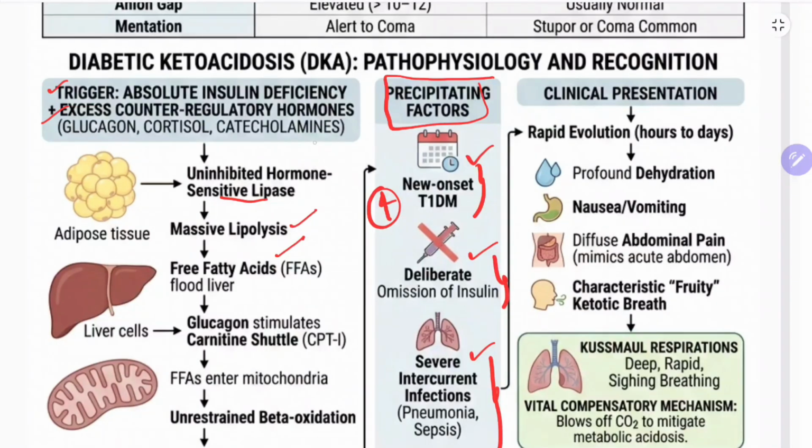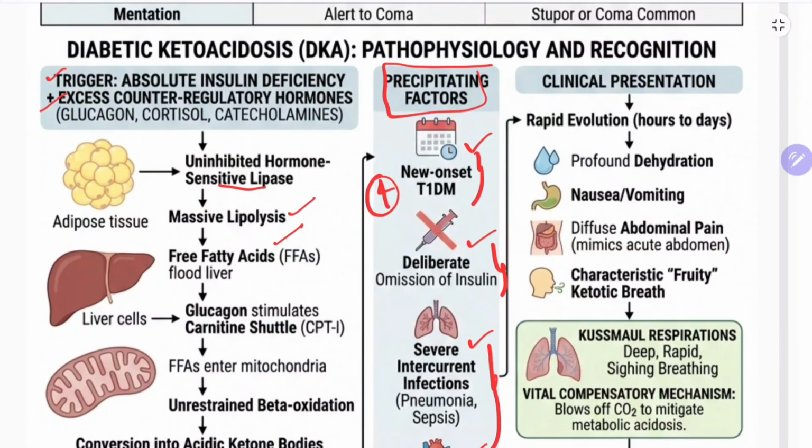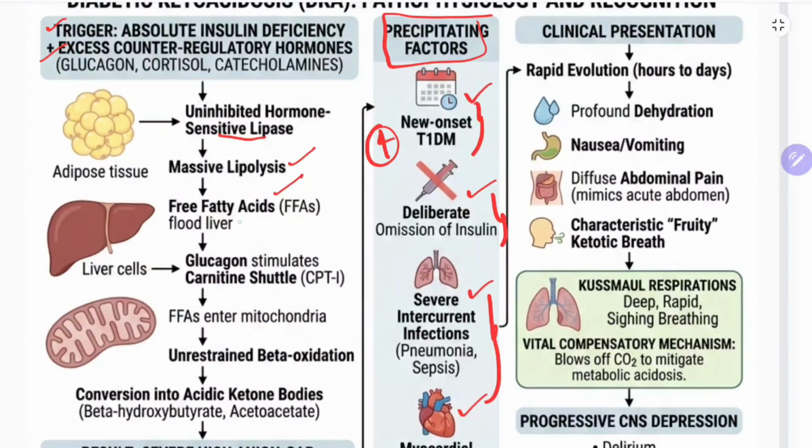So the liver gets flooded with these free fatty acids. These free fatty acids go into the liver, and glucagon stimulates the carnitine shuttle, where the free fatty acids enter the mitochondria. There they are beta oxidized.